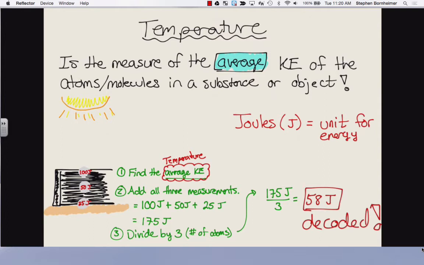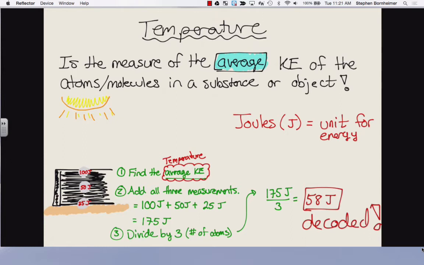In the United States, we decode that energy by assigning it a value in Fahrenheit. So objects that have 58 joules have a unique temperature in Fahrenheit assigned to them. And in Celsius, we assign them a unique Celsius temperature. And then there's Kelvin, which most scientists use, and they assign it a unique Kelvin temperature. So we line this energy value up with a temperature scale.